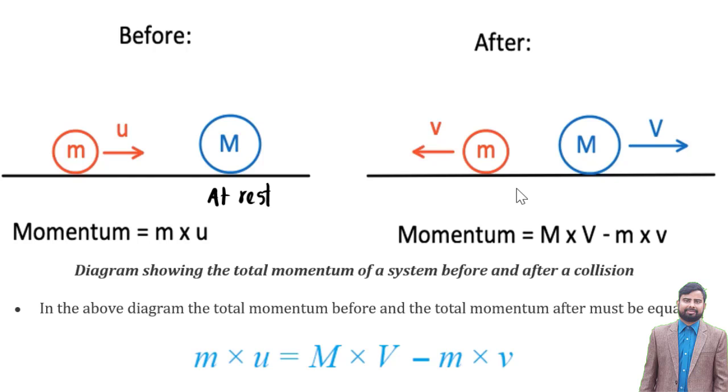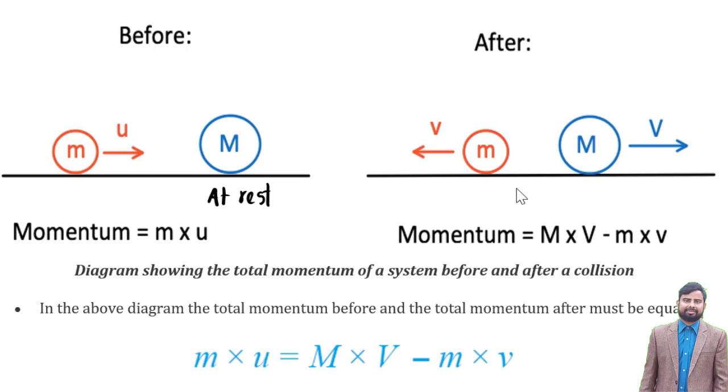After collision, the blue object with mass capital M moves in the right direction. That's why the momentum is positive, capital M into capital V. And the red one moves in the left direction with a velocity small v, whose mass is small m. That's why momentum will be negative, minus small m into small v.